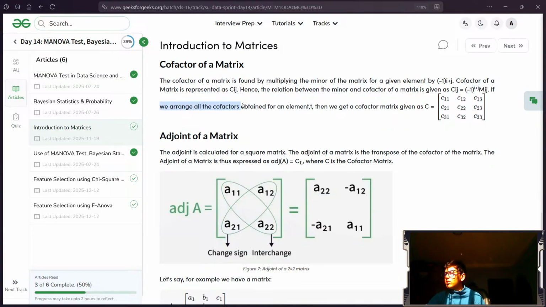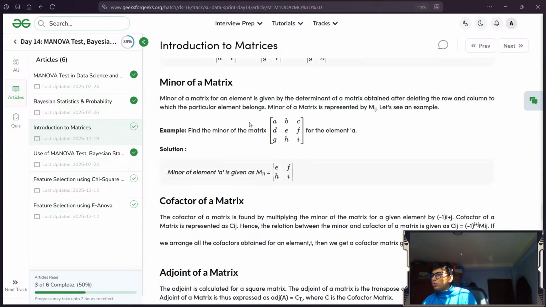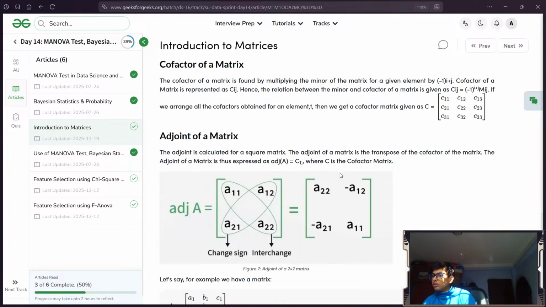If we arrange all cofactors obtained from our elements, then we get a cofactor matrix given as this. Okay, minus 1 to the power i plus j Mij, that is the cofactor.